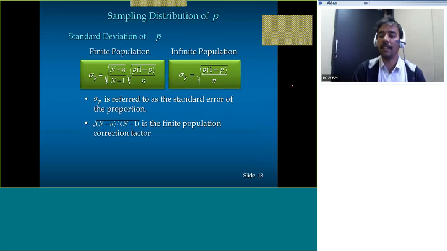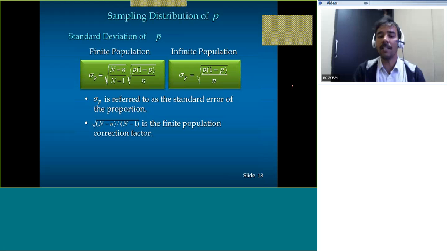This derivation you might have done in your earlier statistics course. Whereas for an infinite population, sigma P bar, I'm using this notation because I'm calculating the standard deviation sigma for the random variable P bar, is equal to square root over P into (1 minus P) by n.